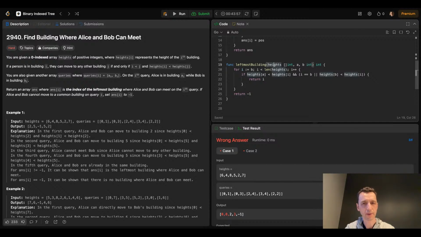So B can also move. We'll return that building. And we go over that. But if we never find a building both can move to, we return -1.